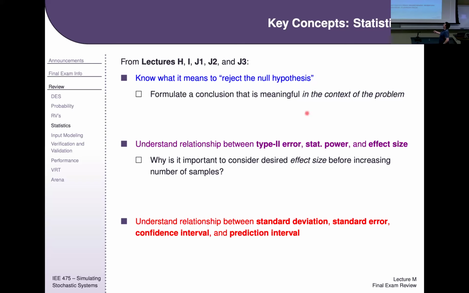So being able to interpret that statistical result and turning it into something meaningful. Understand statistical power. I thought it was great to see in some of the discussions with groups that have come to office hours and so on, that some of you really are trying to choose a number of replications for your sims that are not arbitrary, that they're actually bringing confidence intervals to particular sizes and so on.